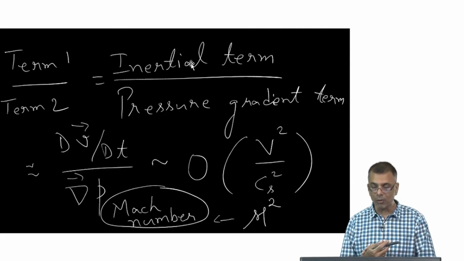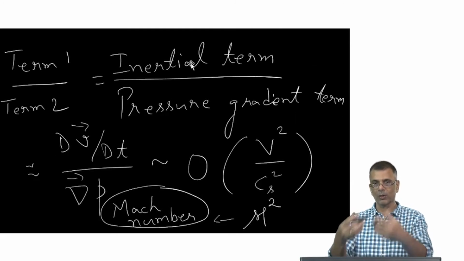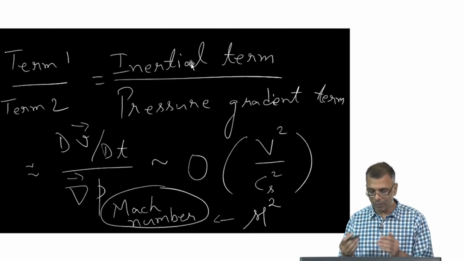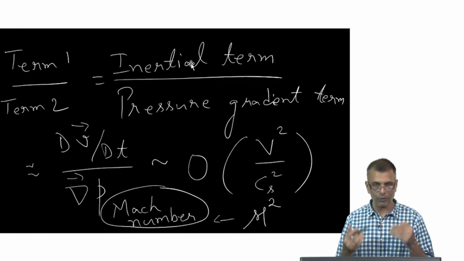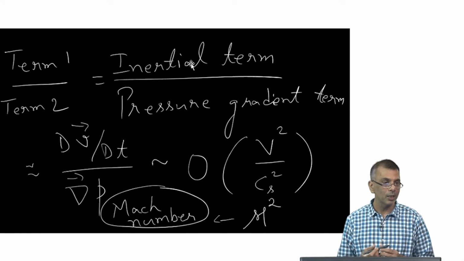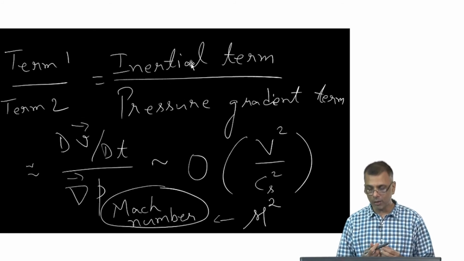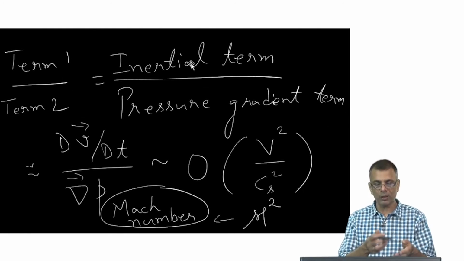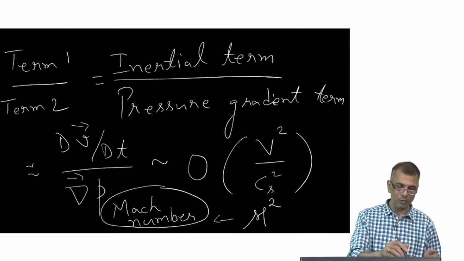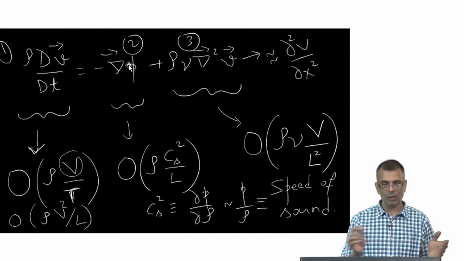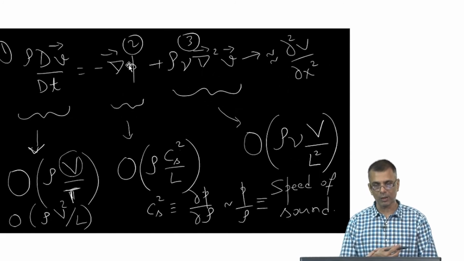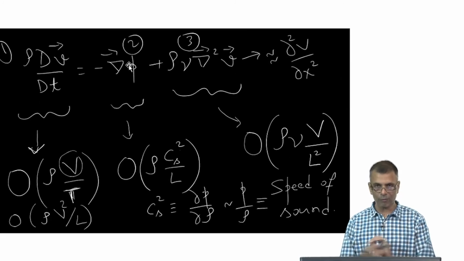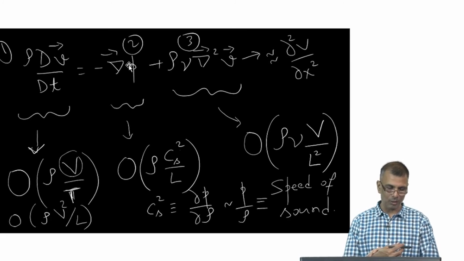If the Mach number is low, the pressure gradient term is more important. This gives you a good idea of which of these two terms is relatively more important. This is how it comes about.